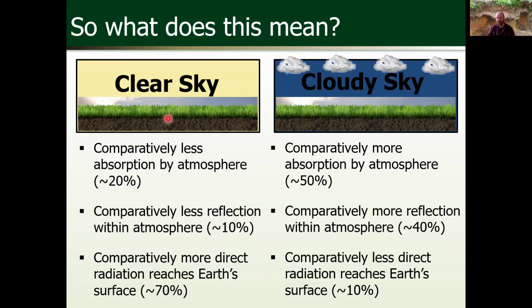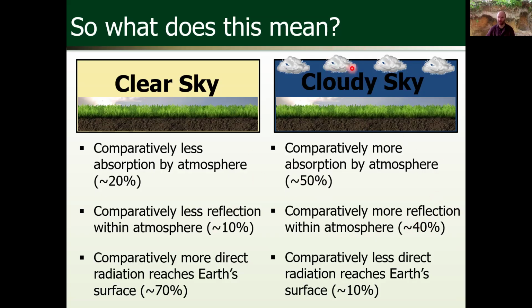And then conversely here on a cloudy day, you have considerably more absorption by the particulates, by water vapor, by water itself in condensed form. All of these properties are both absorbing as well as reflecting and redirecting the sun's energy.